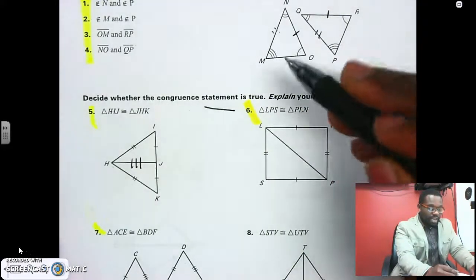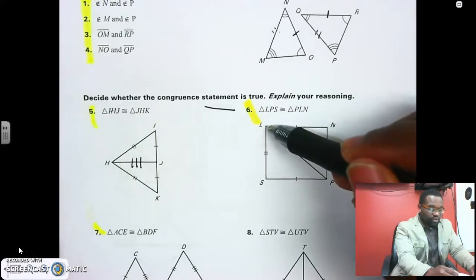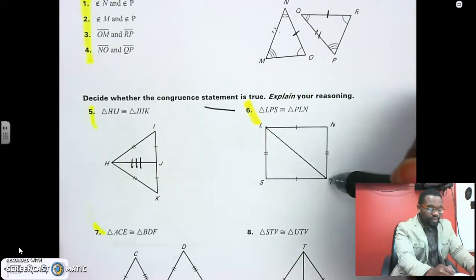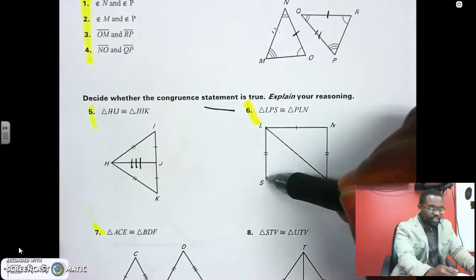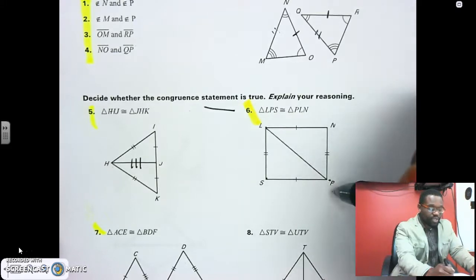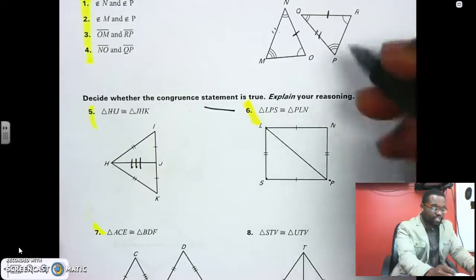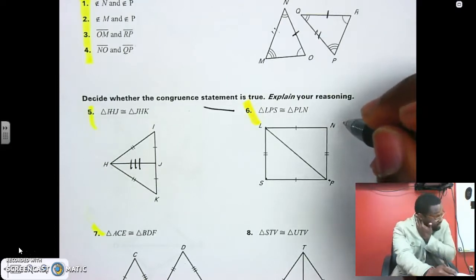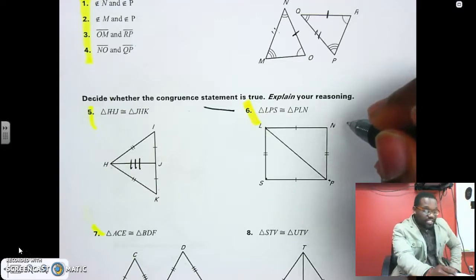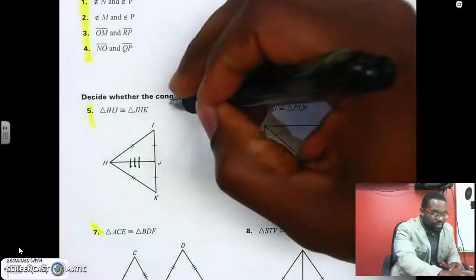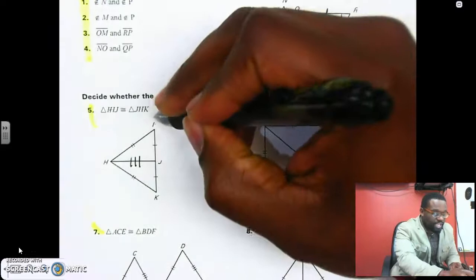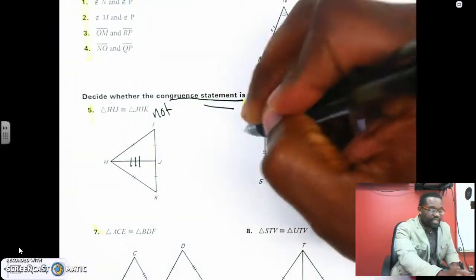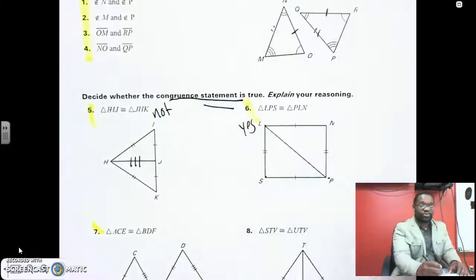Side. We got angle LPS and angle PLN. Okay, yeah, this one is okay. The way they wrote it is okay. As I look at all these, I realize that all of them are side, side, side, and they just want to know if the statement is true. So the statement is not true right here, and it is true here the way it's written.